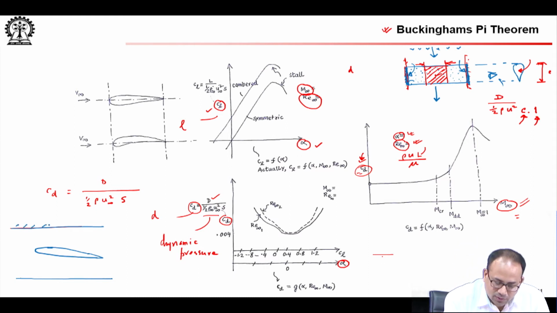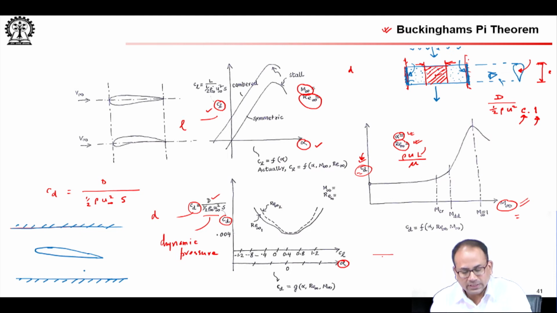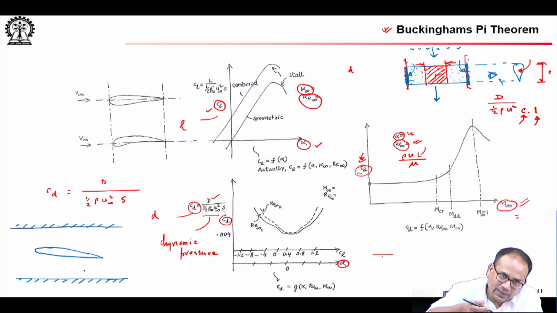That is your airfoil cross section, and it is flush mounted on the wall of the wind tunnel. It is flush mounted on the glass window on this side and also on the glass window on that side. Now, what is the chord of this airfoil? If you join the trailing edge with the leading edge and extend like that, that is the chord line.